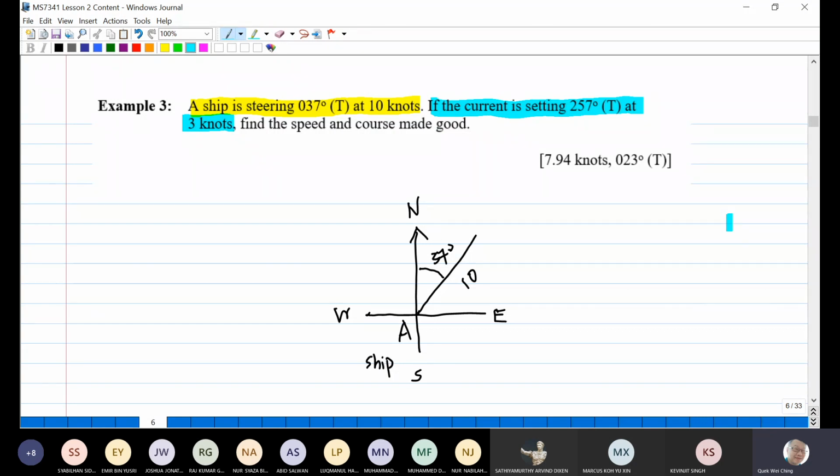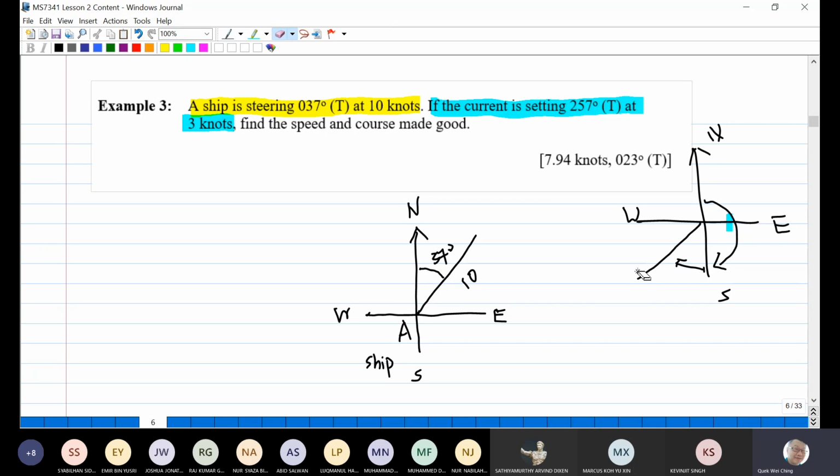Let me draw separately how the current looks. This is the direction of the current. This is north here, and east, south, west. It's 257 degrees. So how much is 257? This is 180, and you need to add another amount.